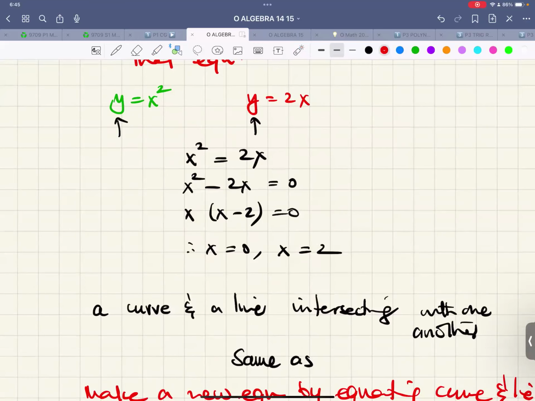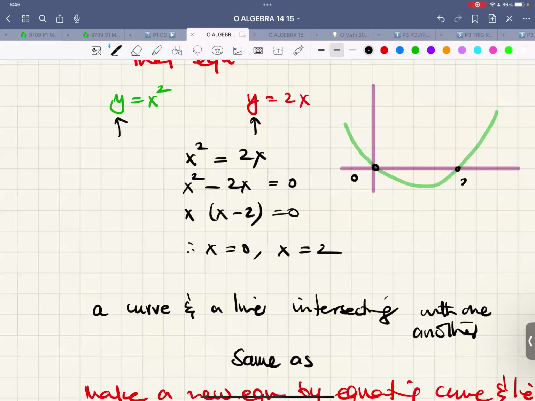And for example, if I would have drawn this curve over here, do you know how it would look like? So that is the factorized form of a quadratic equation. The curve would be going like this, and it would be intersecting at 2 points. This would be 0, this would be 2.